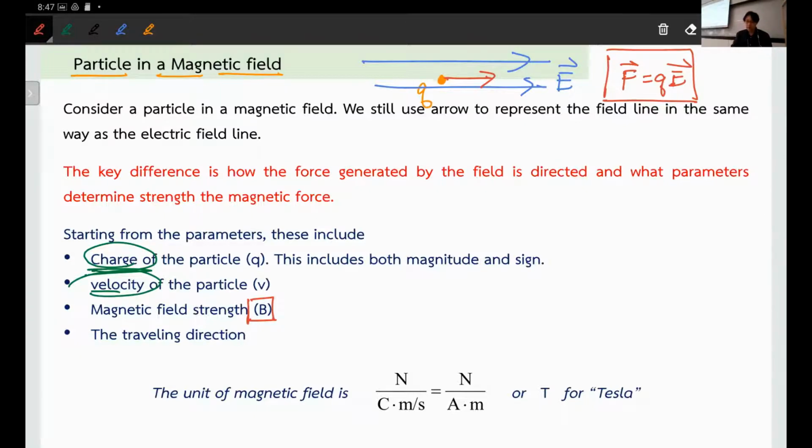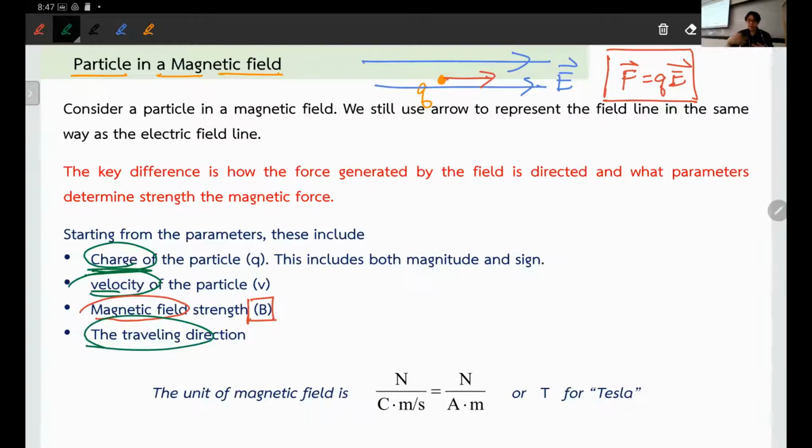For the electric field we use E, for the magnetic field we use B. So of course there will be a magnetic field, and the size of B will tell you the strength of the magnetic field. That's no big deal. Now, the last thing: even though the particle is moving, it has to move in the right direction too, for that particle to experience the magnetic force. So that means the direction of travel is important as well.